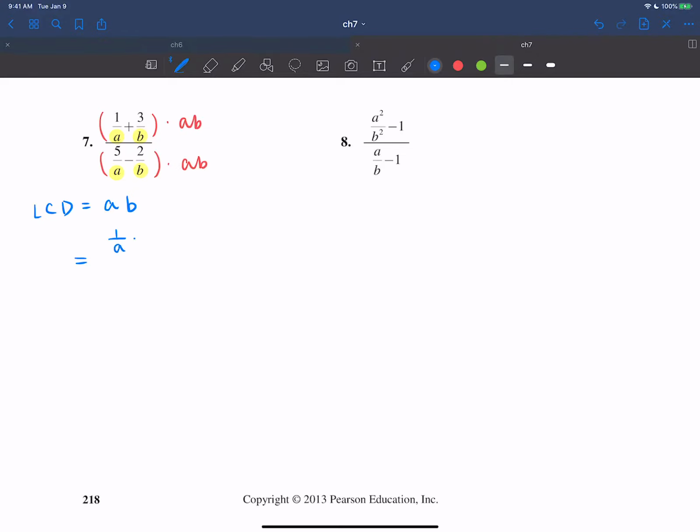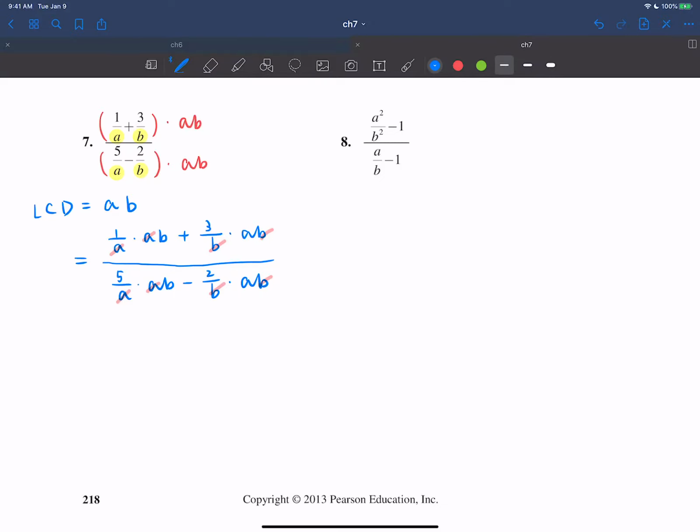On the top, it's 1 over a times ab plus 3 over b times ab, over 5 over a times ab minus 2 over b times ab. And now it's the satisfying part of crossing out. So I'm going to cross out the a and a right here, cross out the b and b, cross out the a and a, cross out the b and b.